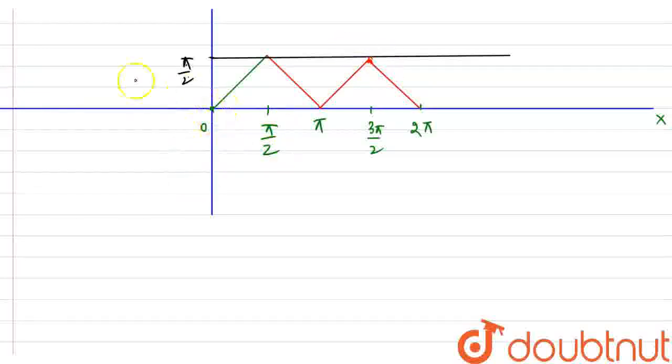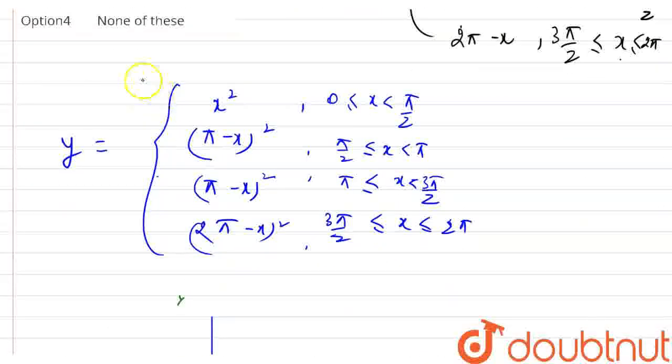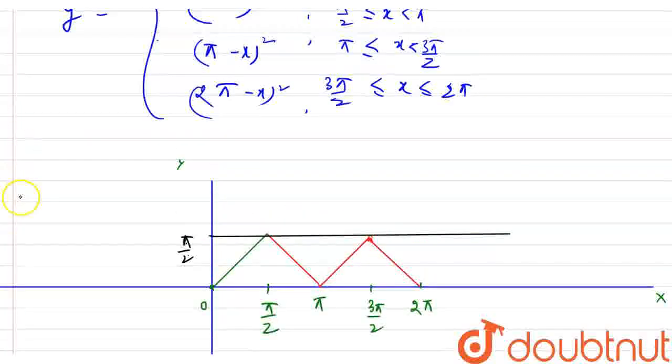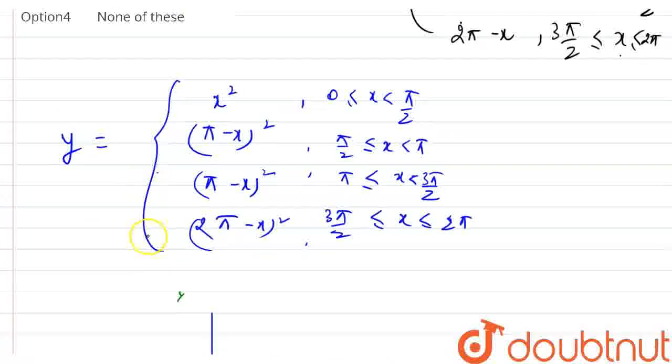Now I'm going to make the graph for this second function, and you can see it is x square and pi minus x whole square. So the graph will be like a parabola, and here the peak point should be pi square by 4, because when we put pi by 2 over here, it will be pi square over 4.